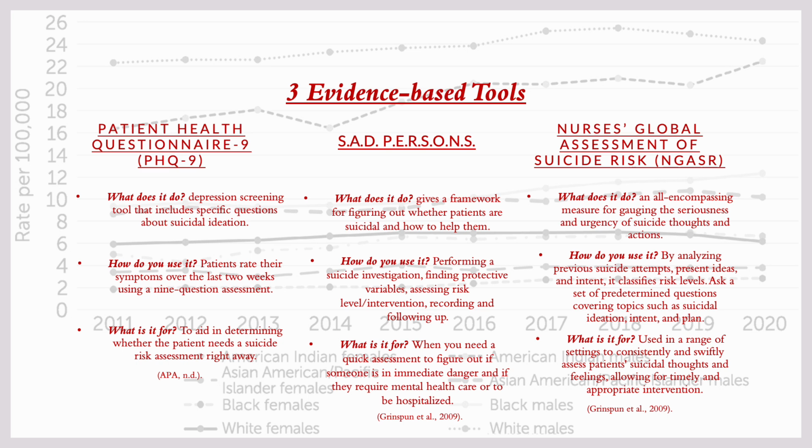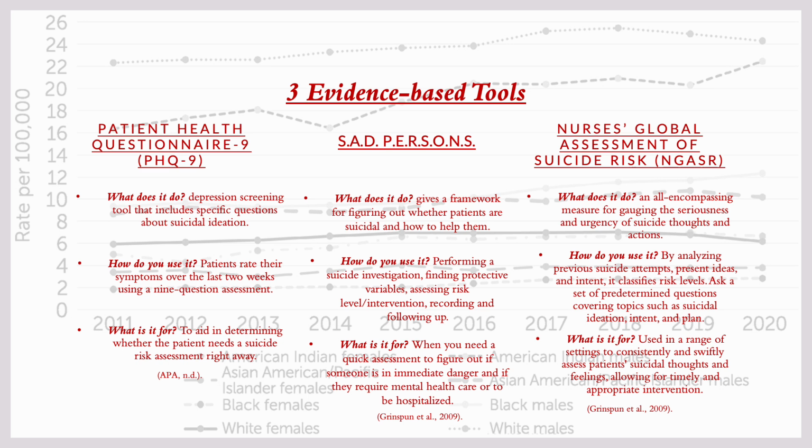The NGASR is an all-encompassing measure for gauging the seriousness and urgency of suicide thoughts and actions, by analyzing their previous attempts, their present ideas and intent, and it also classifies risk levels. It asks a set of predetermined questions covering topics such as suicidal ideation, intent, and plan.